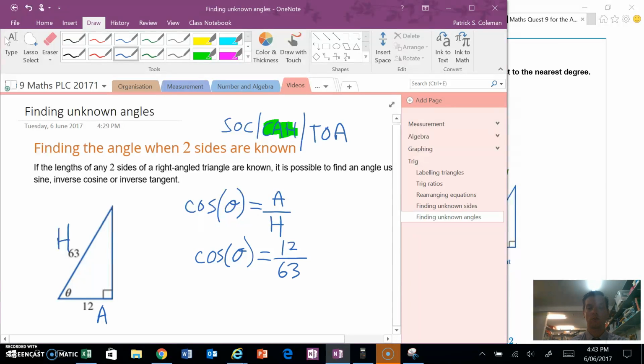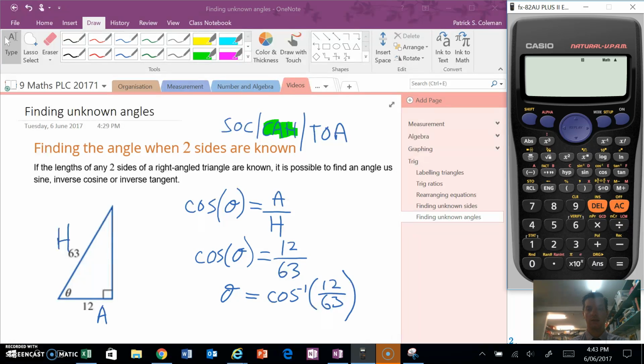This is where our inverse cos function comes into play. So what we can do is take the cos over to here. All we need to do is go theta equals inverse cos of 12 over 63. And we can then just punch that into our calculator.